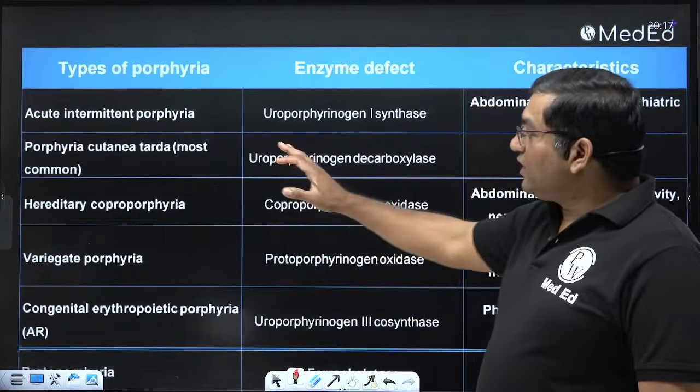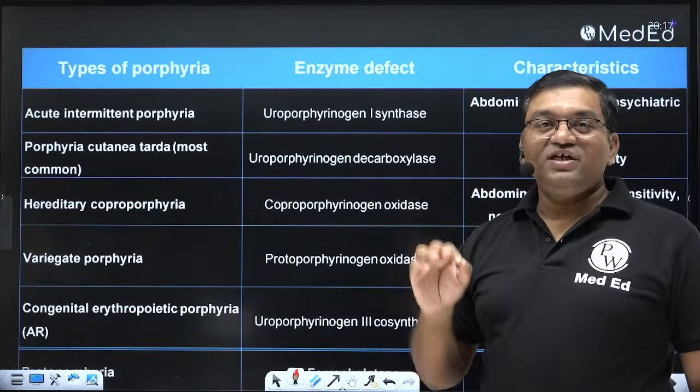Okay, so the inherited porphyrias are due to a defect in the heme synthesis enzymes.